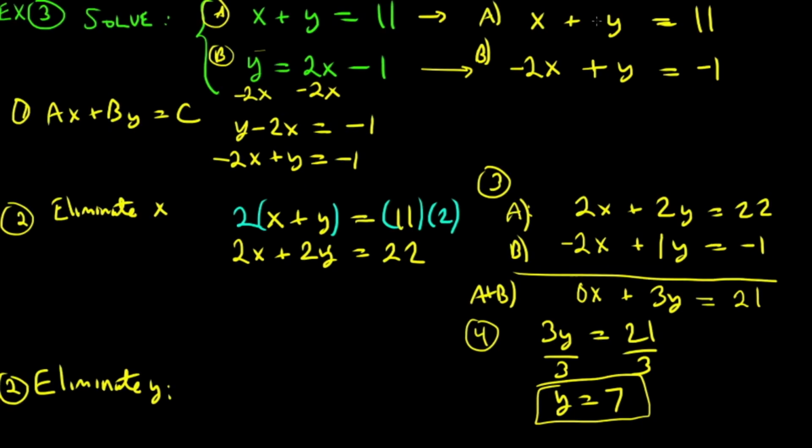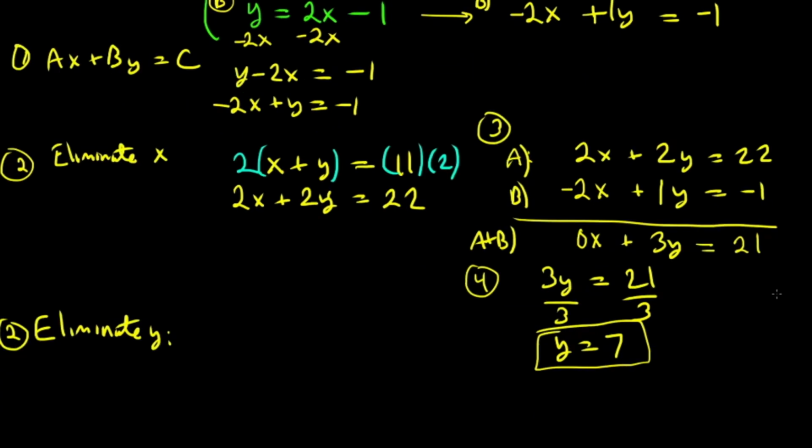They're both 1s in the original system here. So if we add them, however, we don't eliminate the y. We get 1y plus 1y is 2y. We want to get 0y, right? So we need to simply change the sign. We need to make this, say, a negative instead of a positive. And the way to do that is to multiply both sides by negative 1.